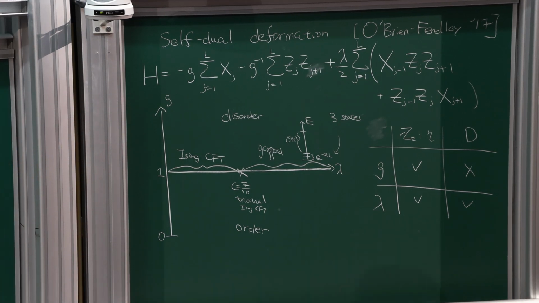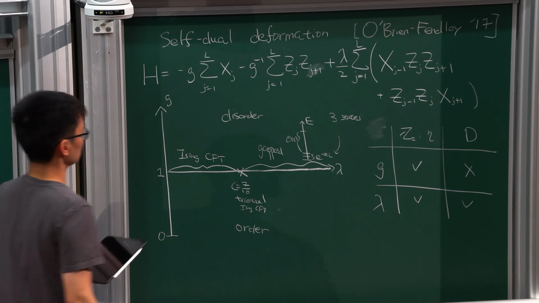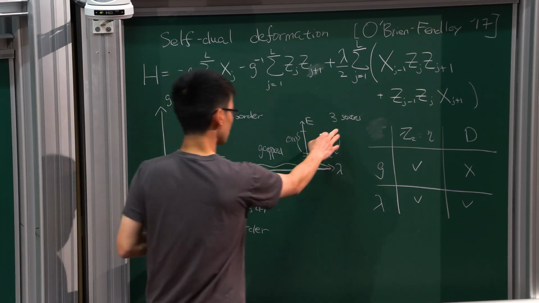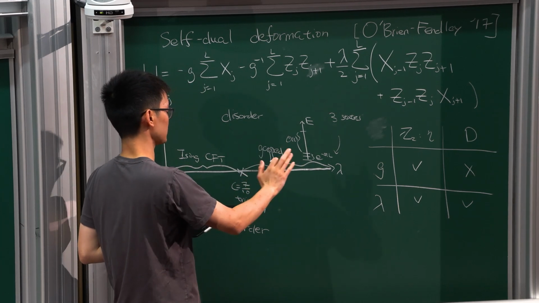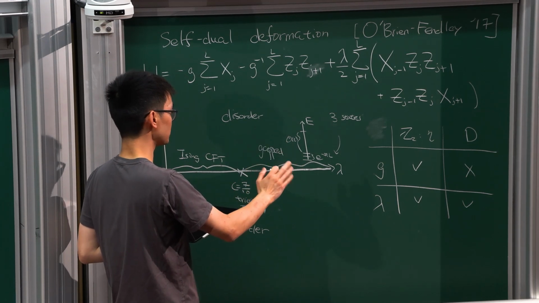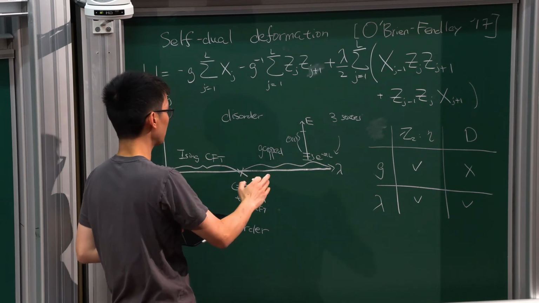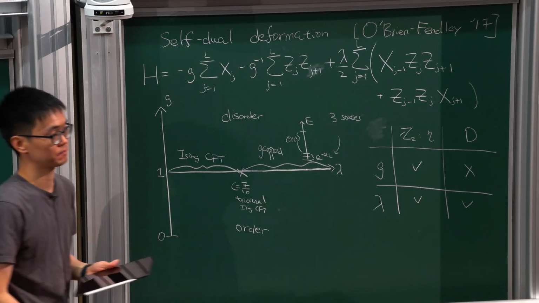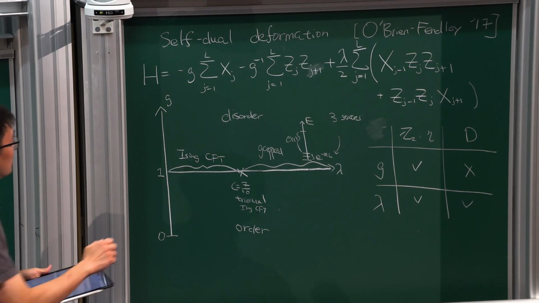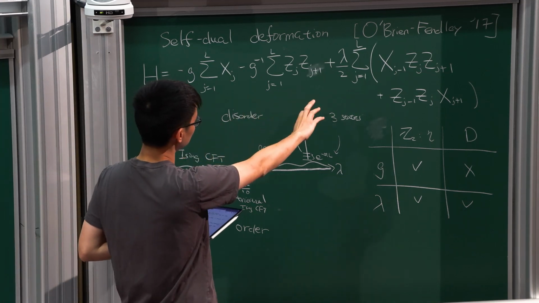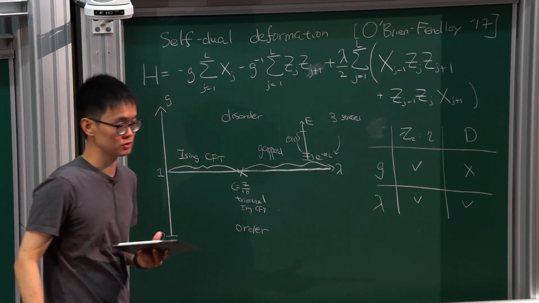There's a rigorous result by Michael Levin in 2019 where he didn't show the 3, but he showed that any Hamiltonian respecting the non-invertible symmetry, or in other words, that's self-dual, cannot be trivially gapped. So this is one application of the non-invertible symmetry, where the moment you know there's such a symmetry, you can say something about the low energy phase.